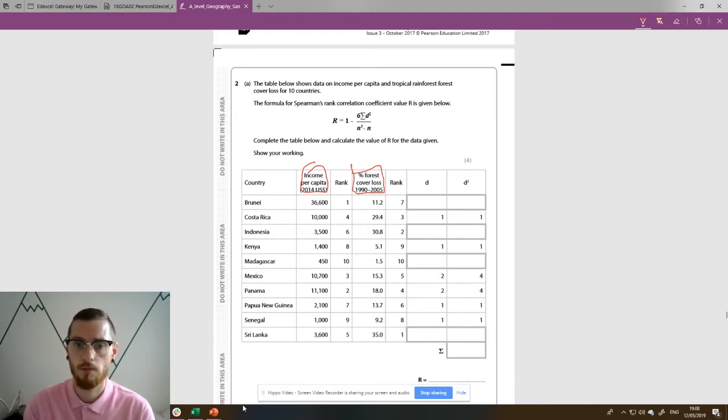The most recent year here is 2005, so forest cover could have been afforested since 2005. That would be something you would comment on to the examiner: that we've only got 1 year against a period of 15 years, and that the data is now severely out of date because this is 2005.